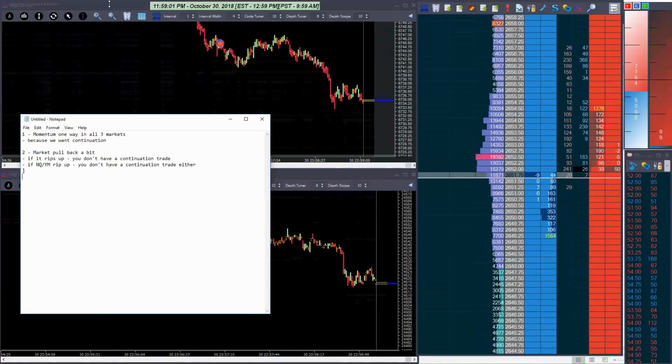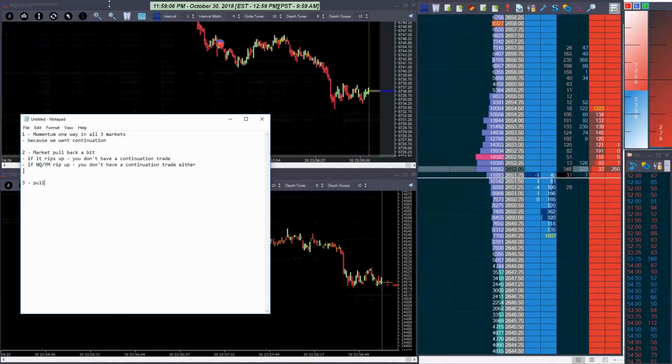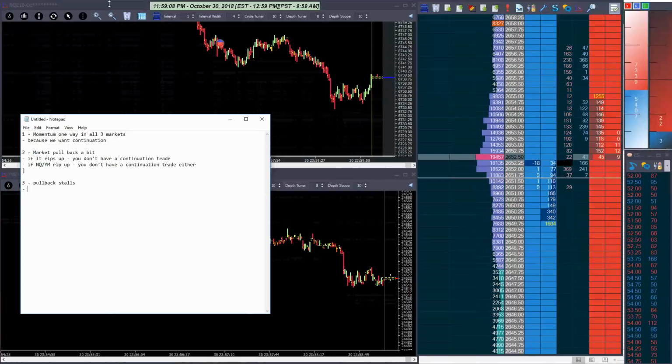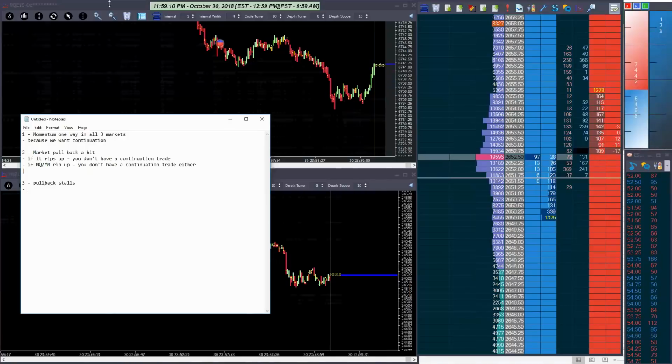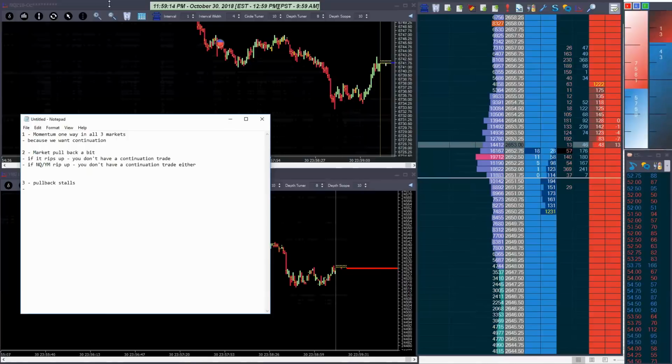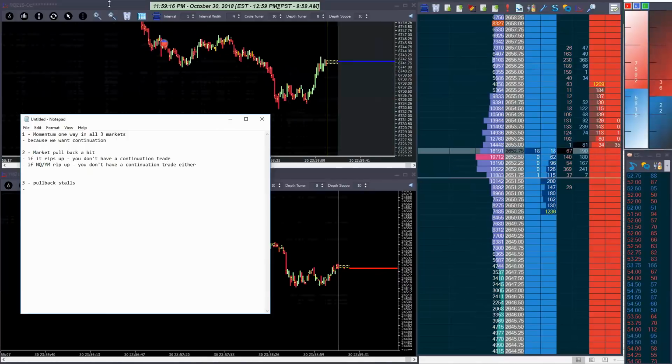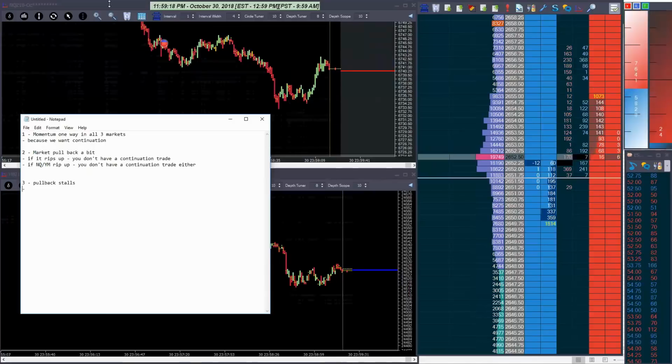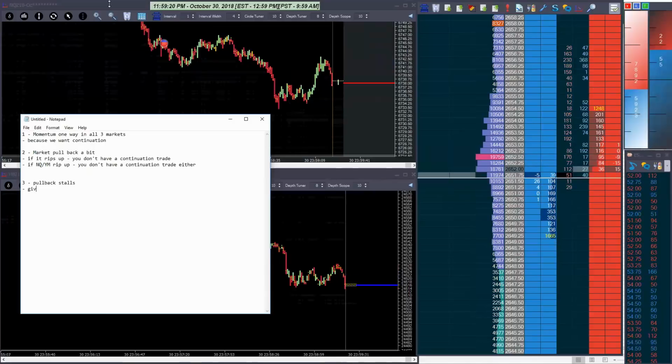Okay, so you see the market pulls back a bit, and then the pullback stalls. And the thing about this is, when I started to say the pullback's kind of stopped, I didn't get in straight away. I just let it play out a little bit and gave it a little time.